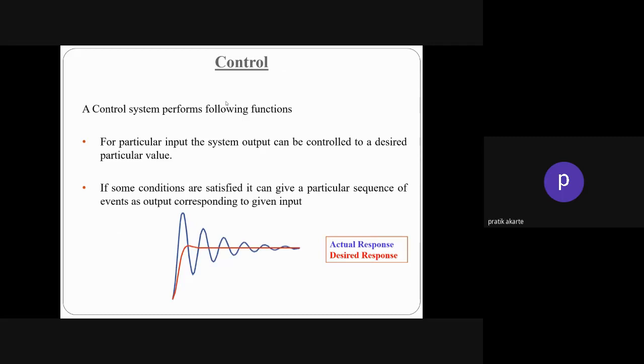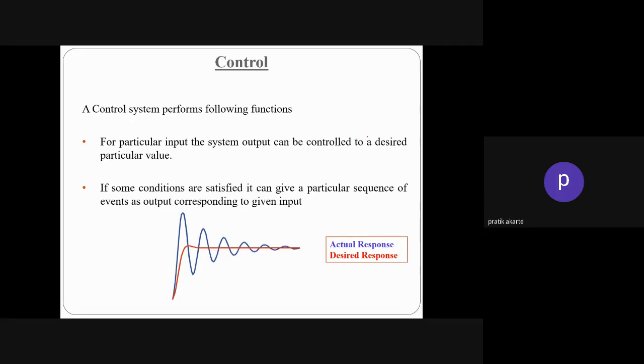Now, what is control and what is control system? So the control system is an integral part of our daily life. It plays a very important role. If we consider a simple bread toaster to a complex power plant, we have control systems all around us, and it's an inseparable part of our modern society.